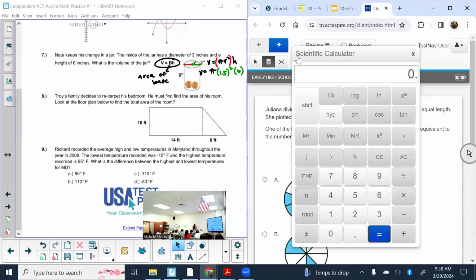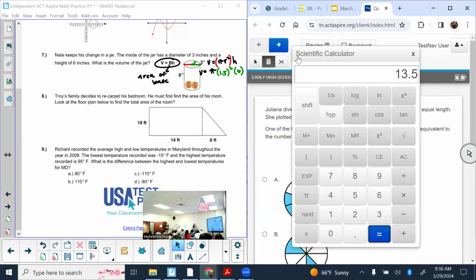So let's see, pi, parentheses, 1.5, close parentheses, squared, times 6. That's not right. So this is one of those things that we learned earlier from using this calculator: it's kind of finicky.